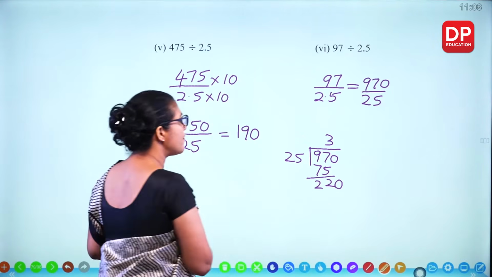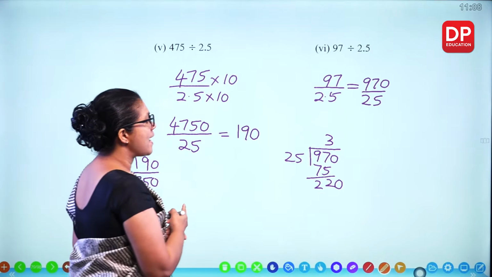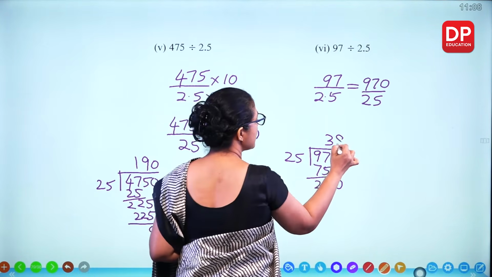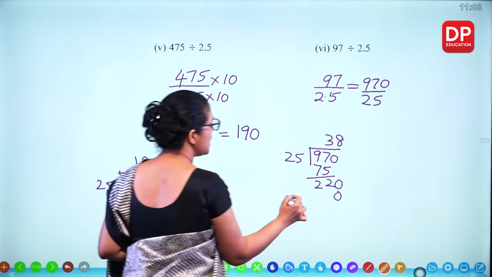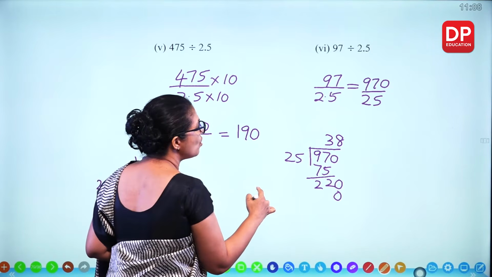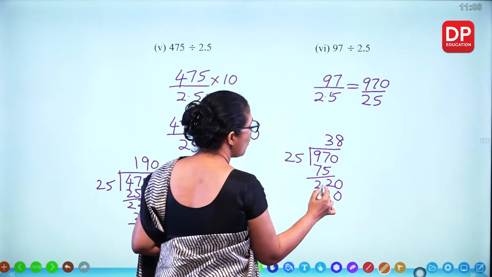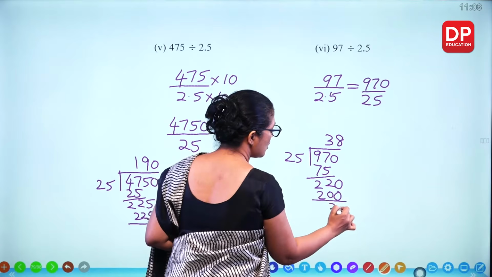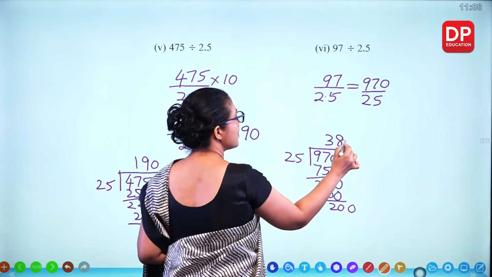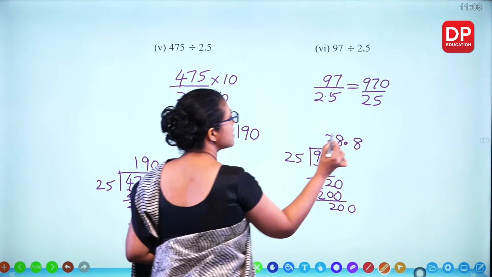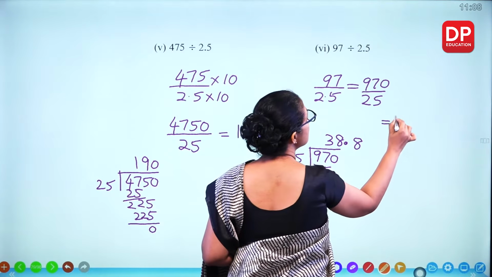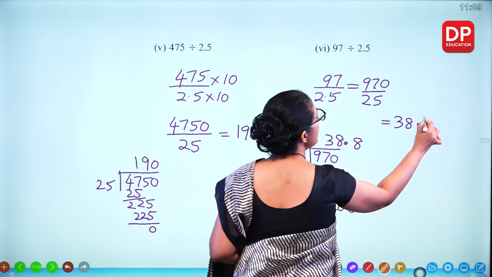So for 220, that's 4 and 4, 8. 8 times 5, 40. 8 times 2, 16 plus 4, 20. So another 20 remaining. For 200, that's 8. So the answer is 38.8.